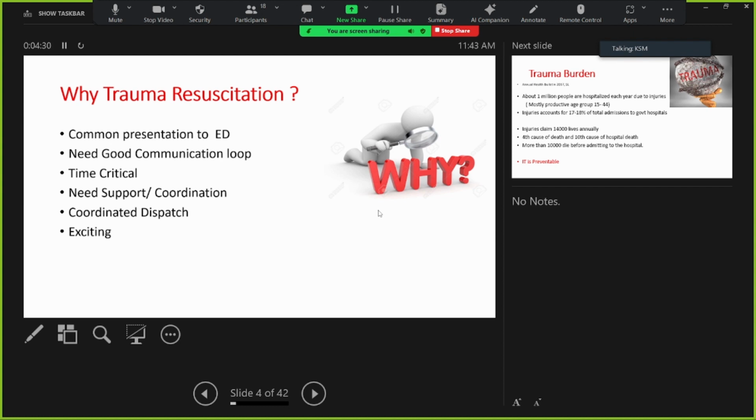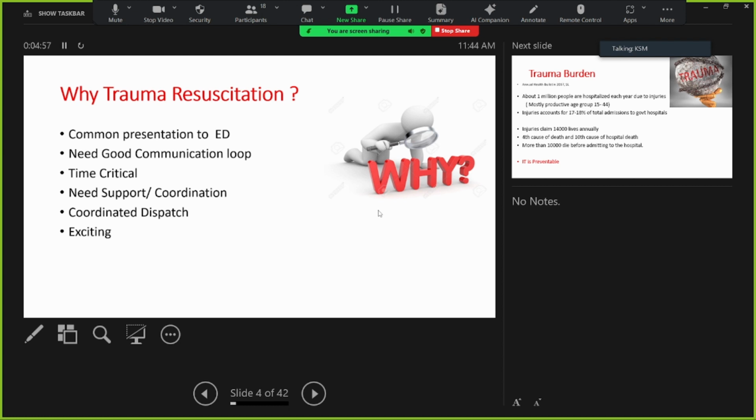Also, you have noticed from that case, this is time critical. Sometimes the patient is stable, but when it comes to emergency, time is the barrier that you have. So you need to act on time to prevent death or morbidity. And also, you have seen we need support. In managing a trauma, there are no individual heroes.